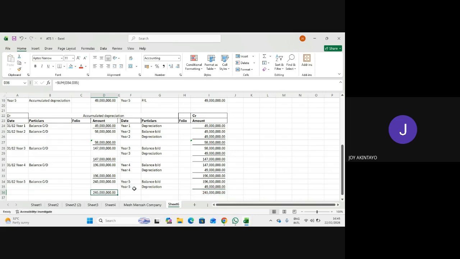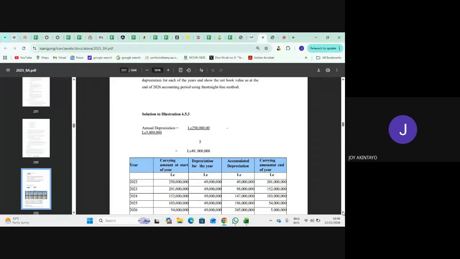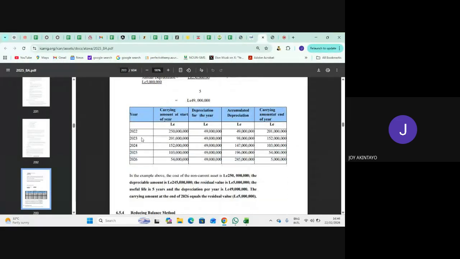Then, if you are being asked to get accumulated depreciation, you can use the method you have in your pack. You can use this method. As you can see, 2022, 2023, 2024, 2025, 2026. We have the carrying amount.